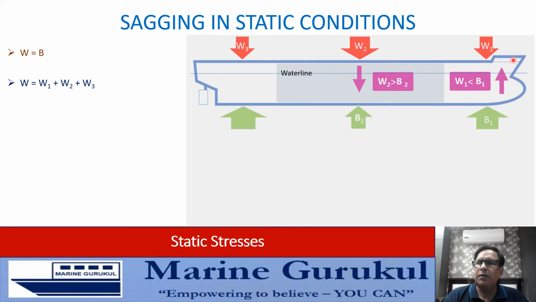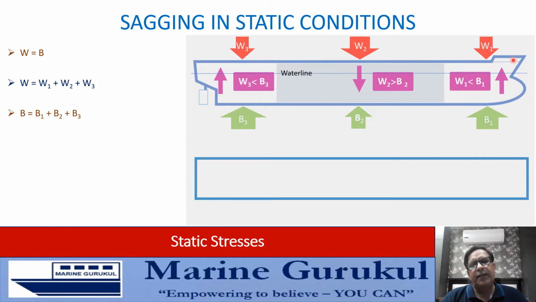In the after part, we have B3, which happens to be greater than W3, resulting in a net or resultant upward force at the after end. Needless to say again, the total buoyancy will be the sum total of B1, B2 and B3.